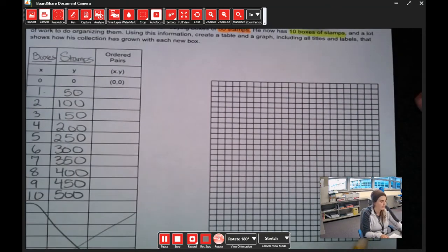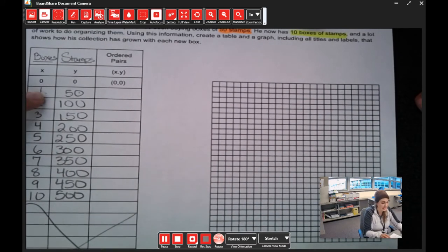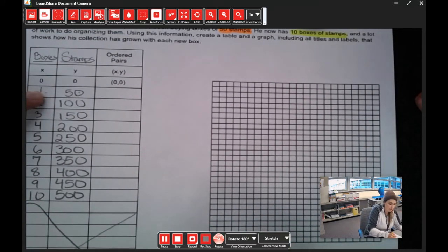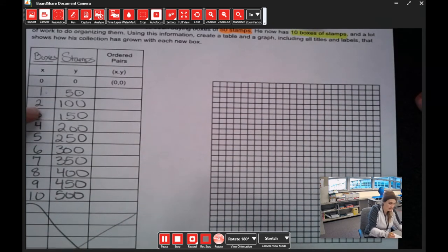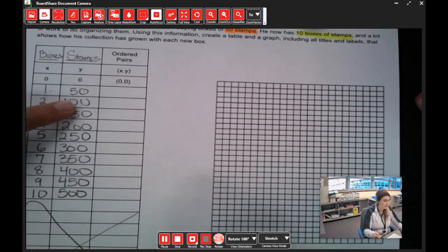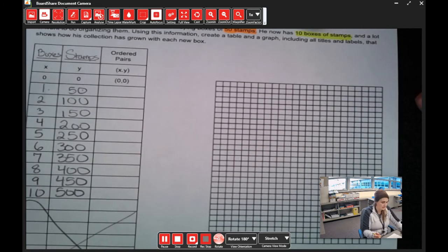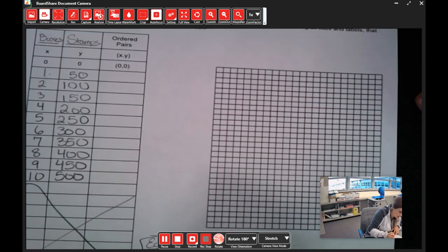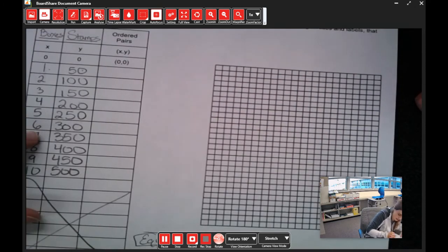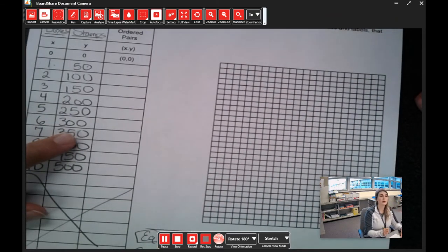So this number for boxes, I'm going to call that B. So 50 times B, which is my number of boxes, will give me, I'll call this S, my number of stamps. And to just test this out once, let's check maybe 6. If I have 6 boxes, 6 times 50 is 300. And yep, I should have 300 stamps.